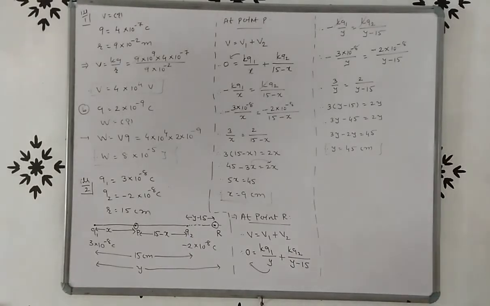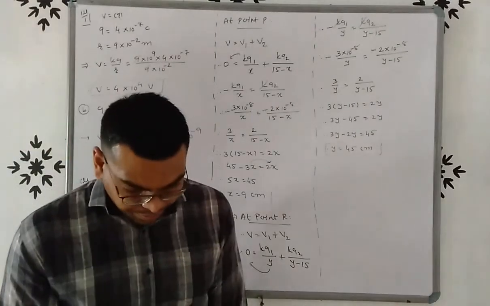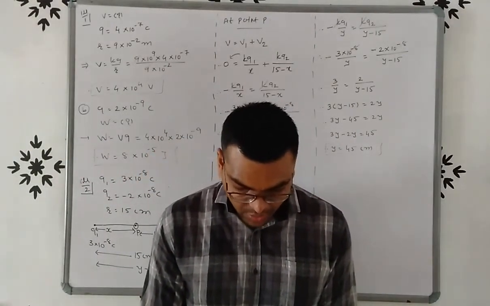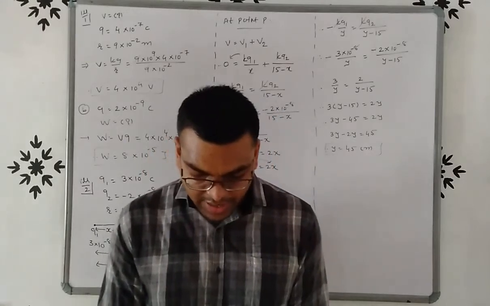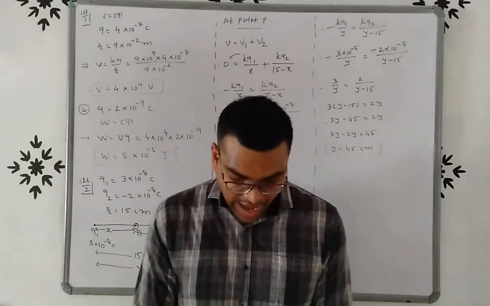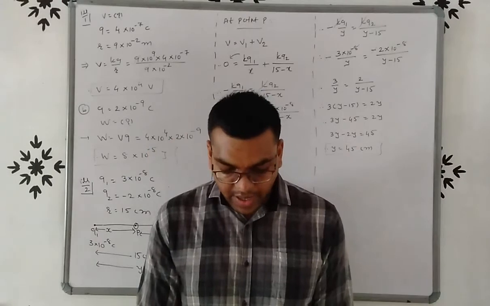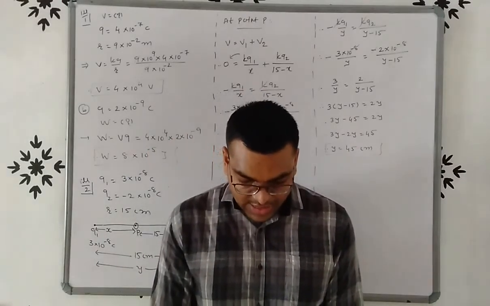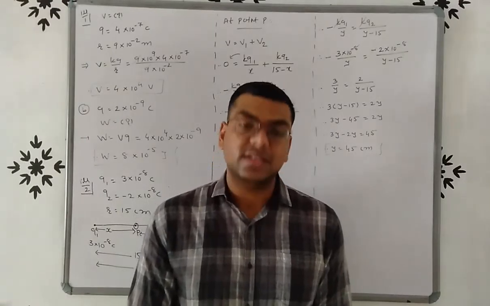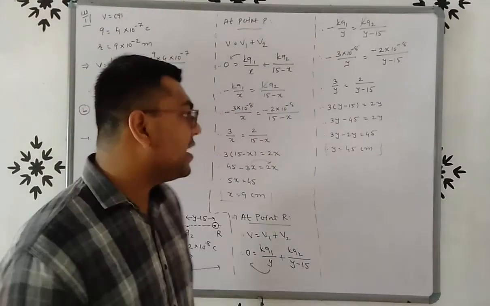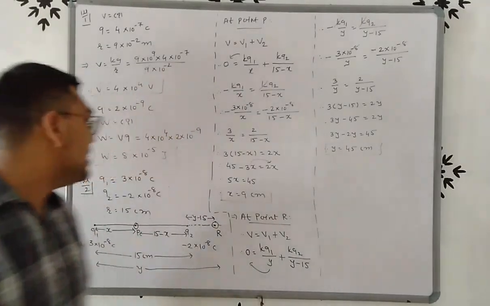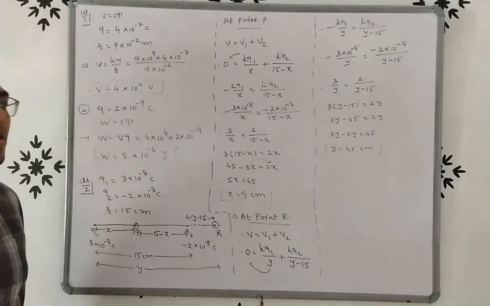Example number 1. Two charges 5 into 10 raised to minus 8 coulomb and minus 3 into 10 raised to minus 8 coulomb are located 16 centimeter apart. At what point on the line joining the two charges is the electric potential 0? Right. So friends, example 1 is the same as illustration number 2.